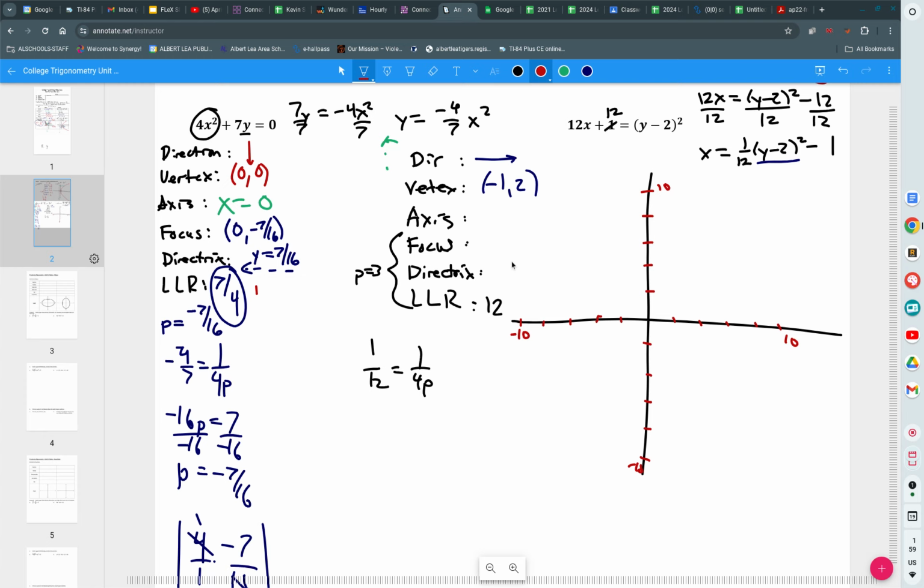And the vertex is located at -1, 2, so I'm going to plot that. I'm going to go back 1, and I'm going to go up 2. The axis of symmetry will divide this in half. It will be a horizontal line.